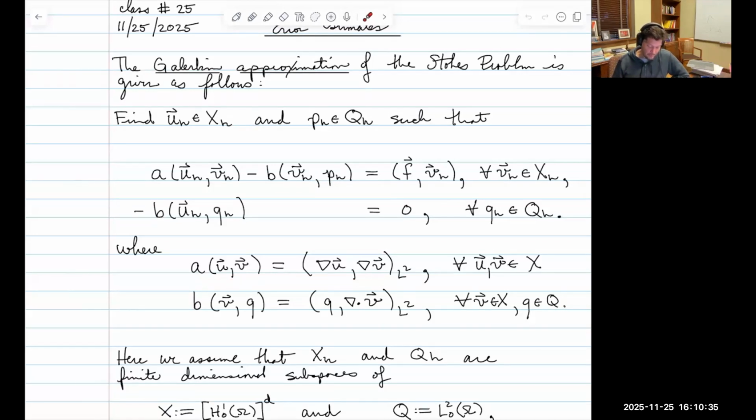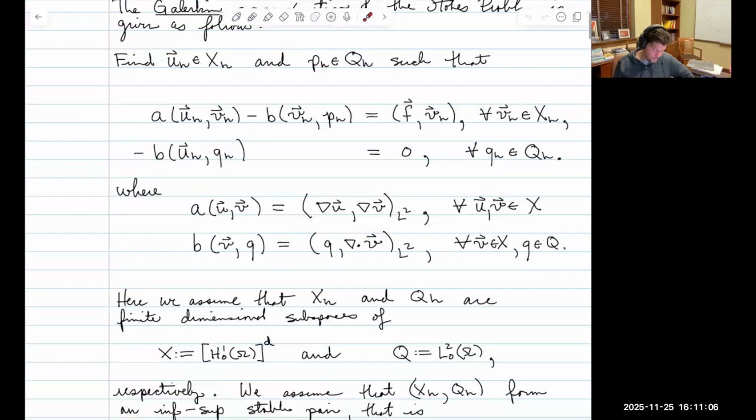There's the A bilinear form, which is clearly symmetric. The B bilinear form is a little bit weird, as you recall, because it combines a velocity and a pressure to produce a number. The way it does it is you take the divergence of the velocity, which gives you an L2 function, and you compose that with this other L2 function Q to get a number, in the standard and usual way.